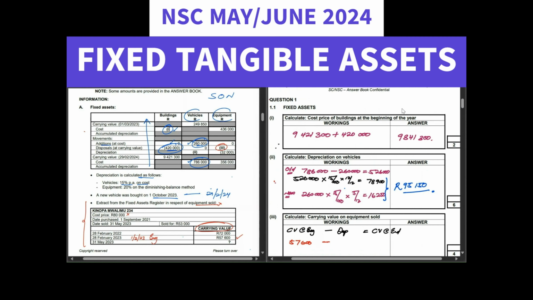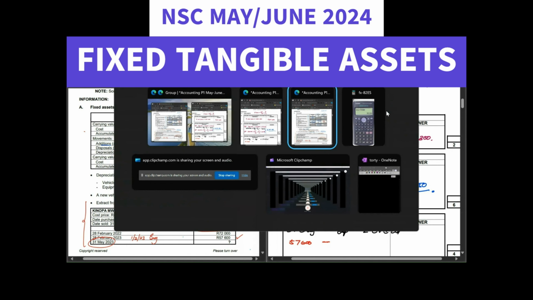And we know that we are calculating depreciation on equipment at 20% on the diminishing balance. That means I just need the carrying value. So I'm going to take my carrying value, which is already 57,600, and multiply that by the depreciation rate, which is 20%. And then we count from the beginning of the financial year, which is March, to the date of disposal, which is the 1st of May. So it's going to be March, April, May. That means I had the asset for 3 over 12 months.